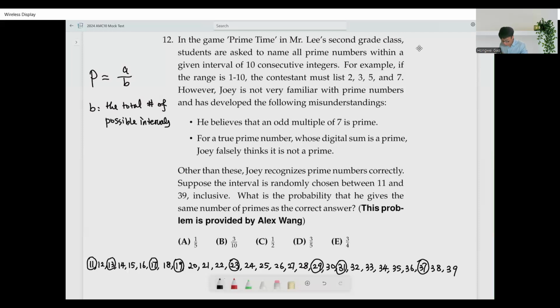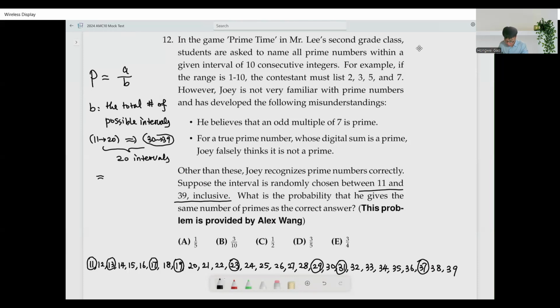Since here the interval is between 11 and 39 inclusive, we know that the interval with the smallest numbers is from 11 to 20. And the interval with the largest numbers is from 30 to 39. So in total, there are 20 intervals.